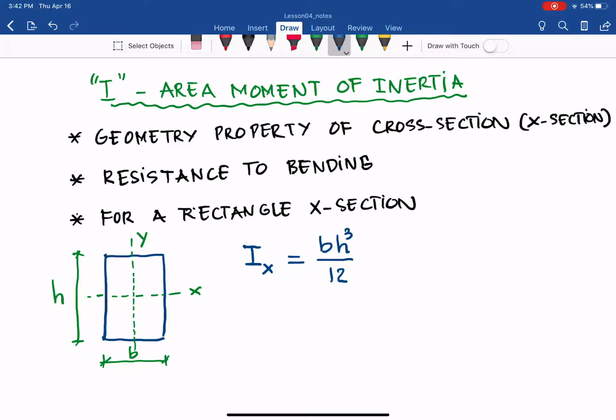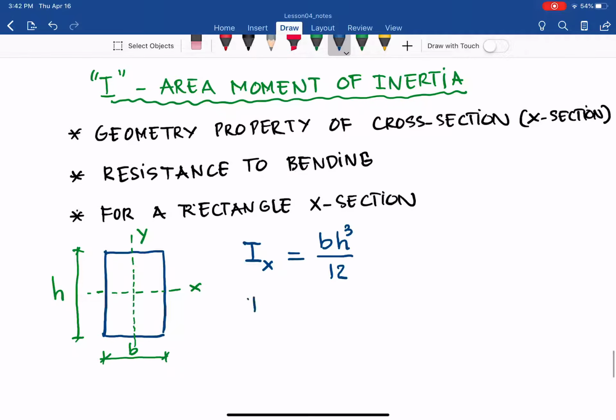And what about the area moment of inertia about the y-axis? You just flip it, equal to h b cubed over 12. It looks confusing, right? Because you see b h cubed over 12 in one and h b cubed over 12 in the other.